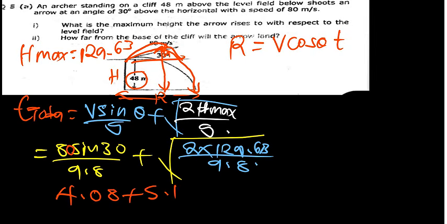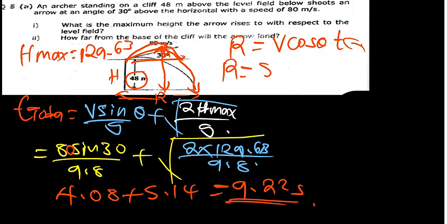So I need to add these two. 4.08 plus 5.14, I'm getting 9.22. So 9.22 seconds is my time. This is the time which I'm going to plug in here now. To find the range, my range will be equal to v, which is 80, cos 30 degrees, times the time, which is 9.22.